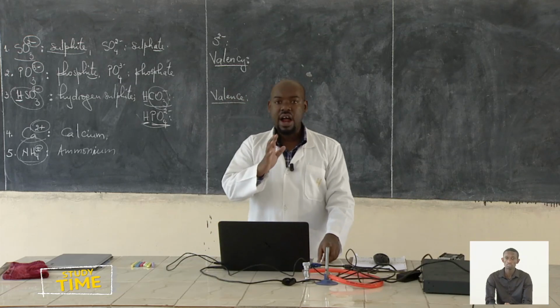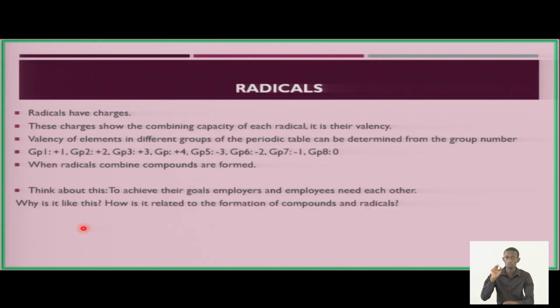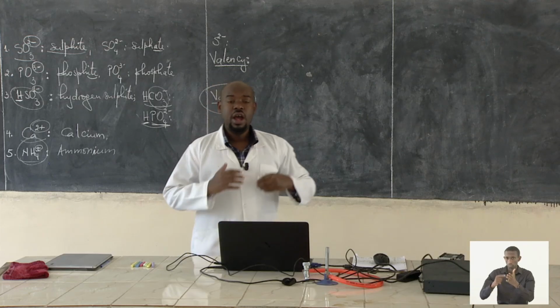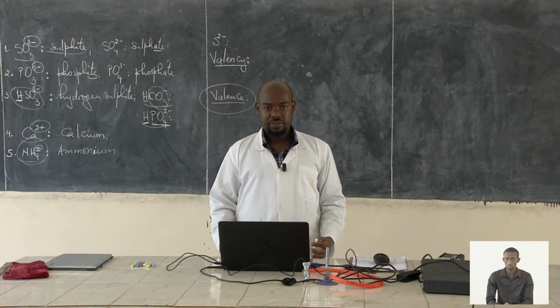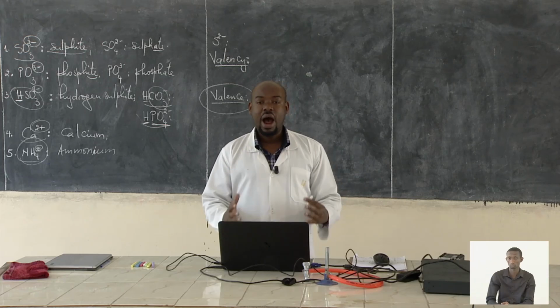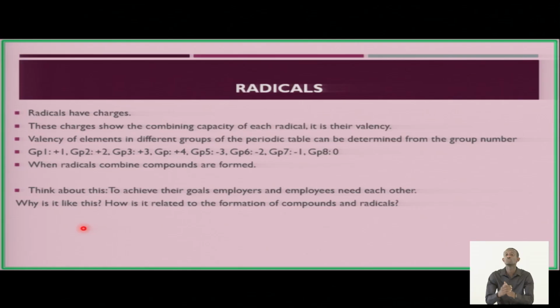When we say valence, this second one, we mean the number of electrons on the outermost shell, on the last shell.